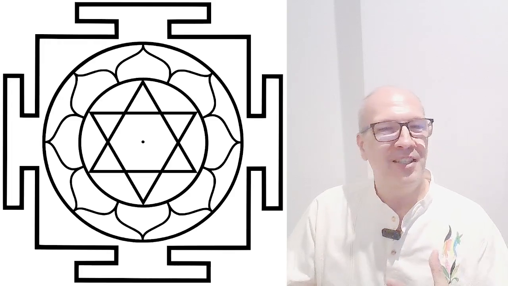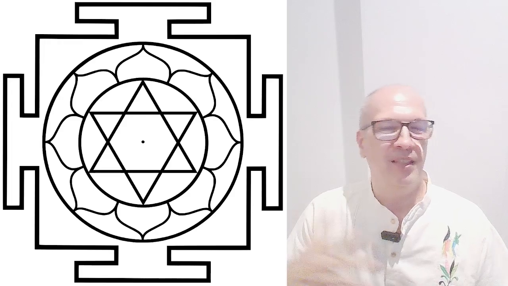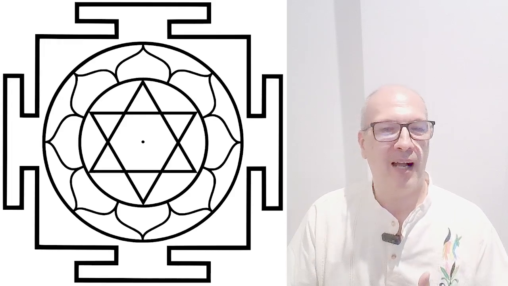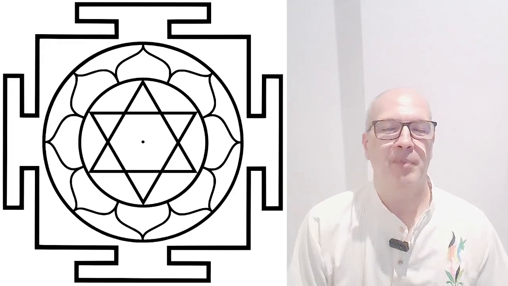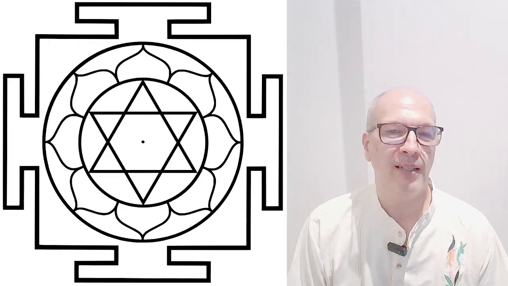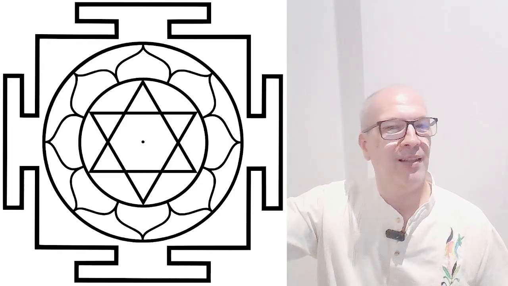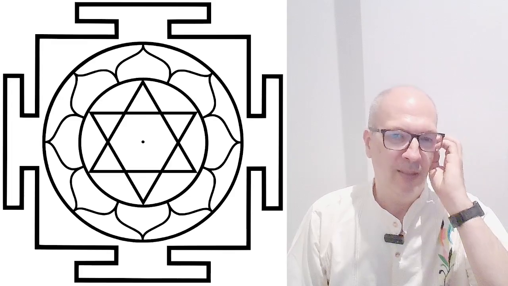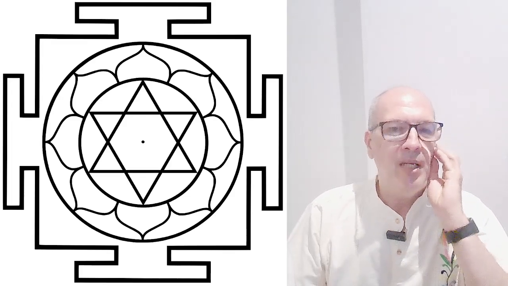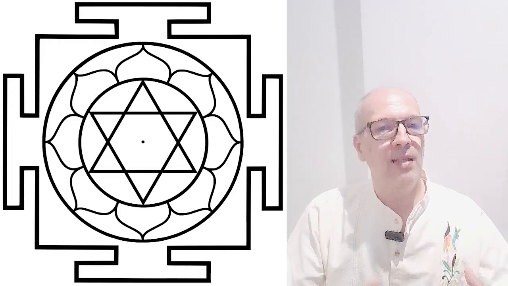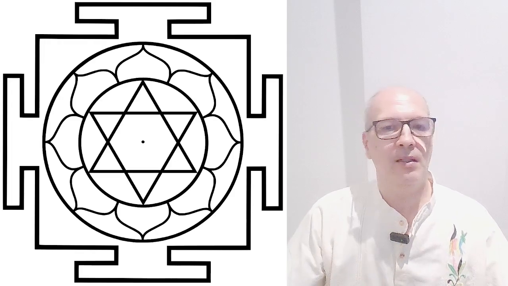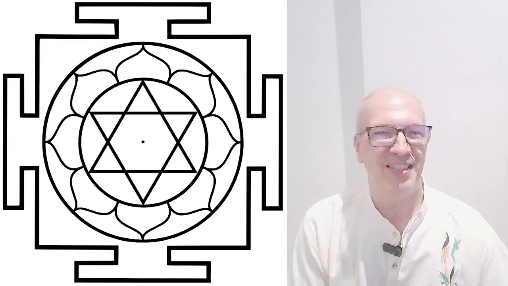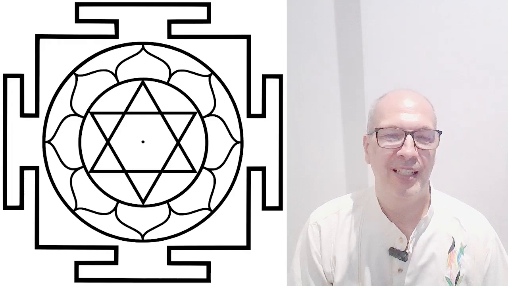But the energies, what moves things in one direction and the other, is this: Shiva brings the manifestation back to transcendence. Shakti brings the transcendence back into the world. And actually, immanence means that God is in everything, in us, in roses and reds and such.